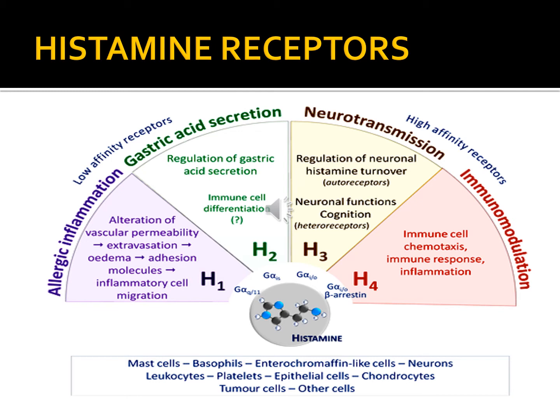Third one is H3 receptor. The H3 receptor is coupled to G-alpha IO and exclusively expressed in neurons. It is important for homeostatic regulation of energy levels, sleep-wake cycle, cognition, and inflammation.